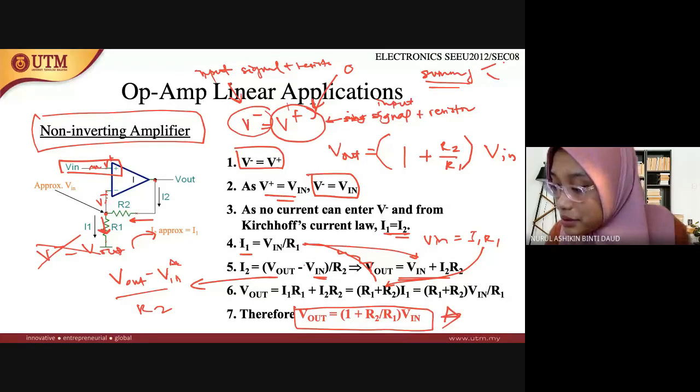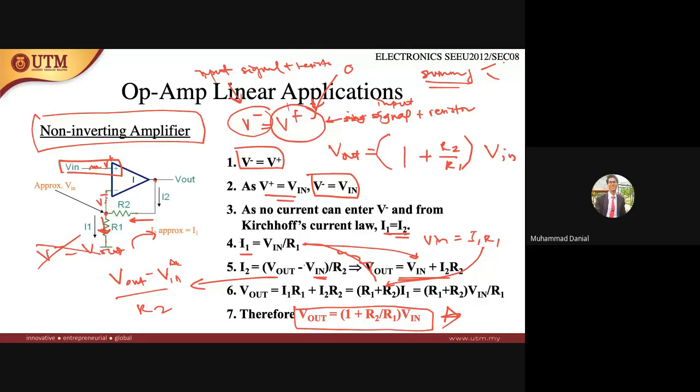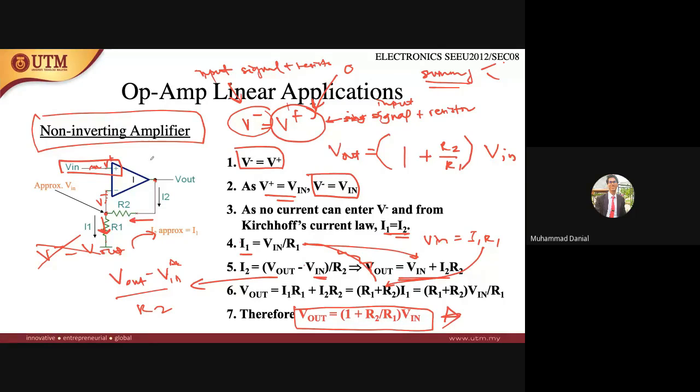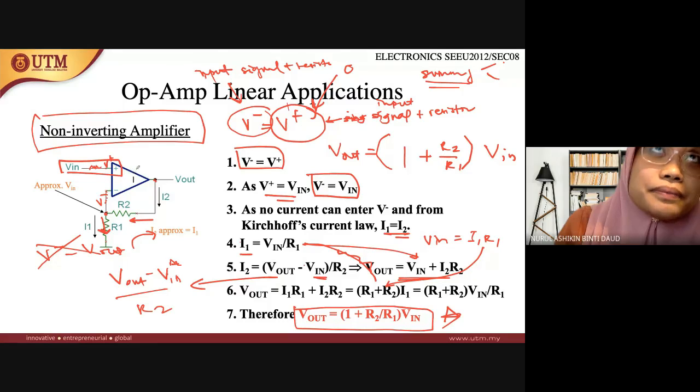Current flows from the negative terminal to the positive terminal, right? So is this V out negative? Which one? Look carefully. For this I2, is V out negative?